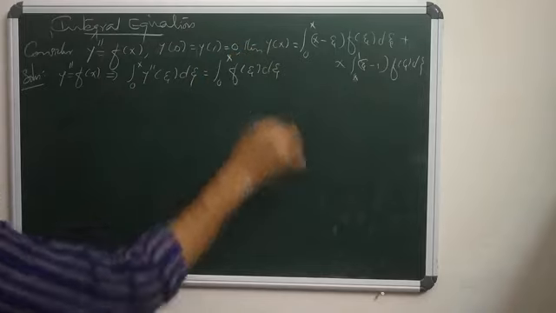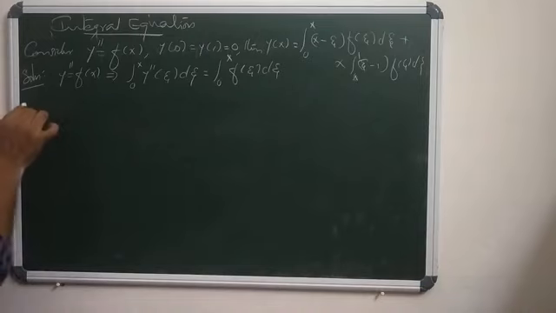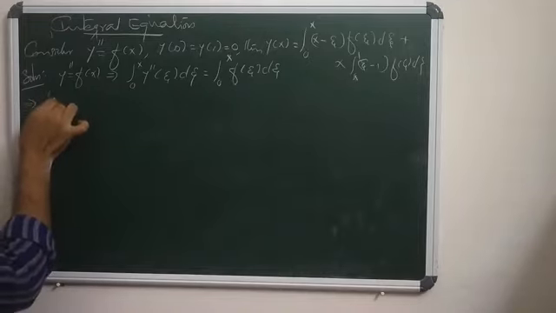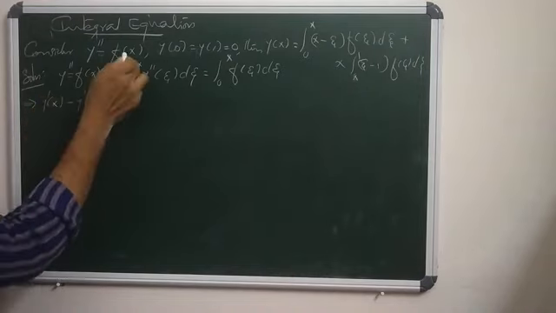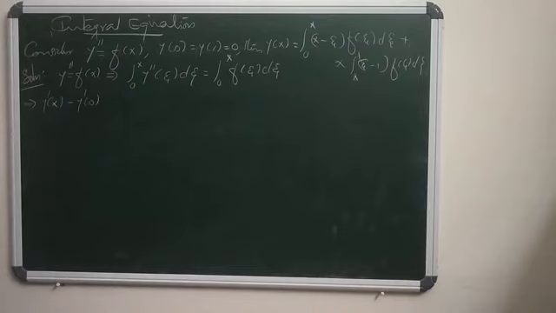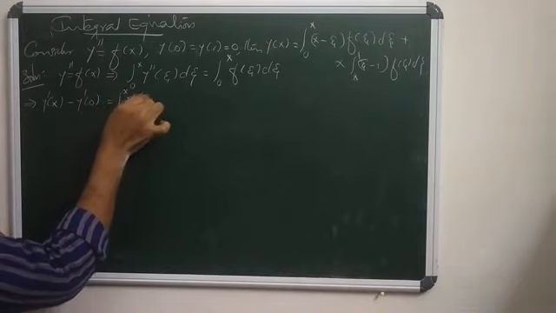You can integrate on both sides with respect to theta from 0 to x. So what is integral 0 to x y2 dash theta d theta? It is y dash x minus y dash naught, so y dash x minus y dash naught equals integral 0 to x f of theta d theta.